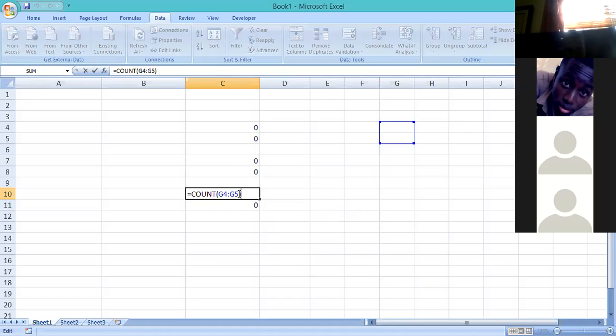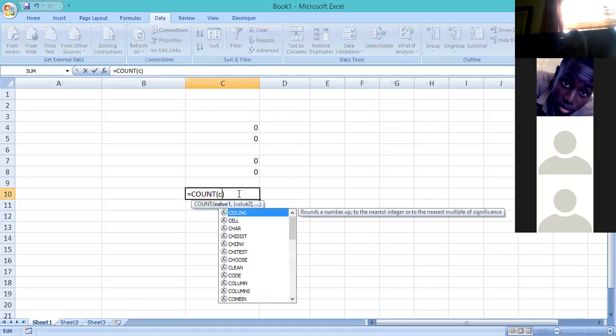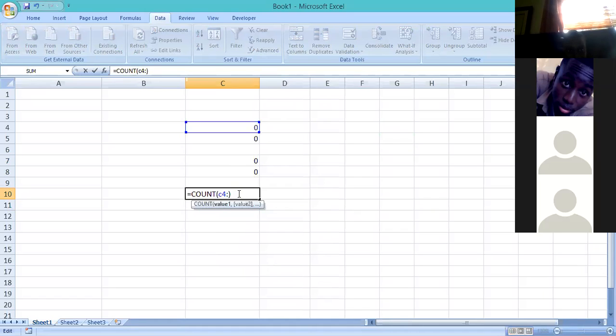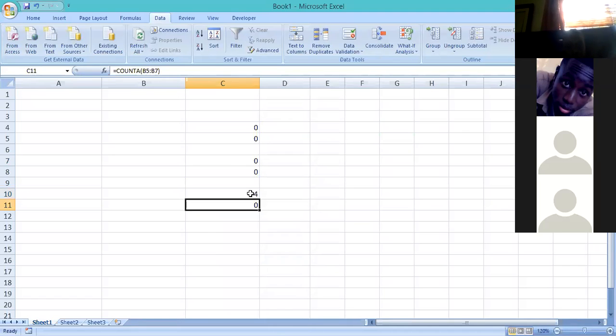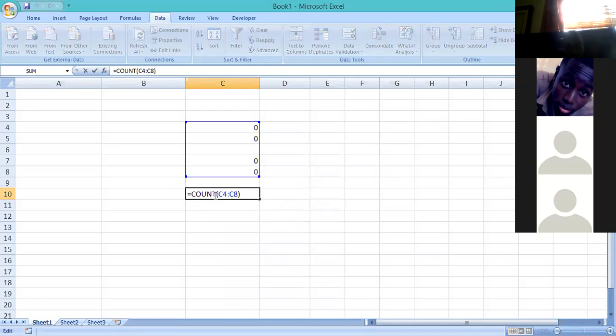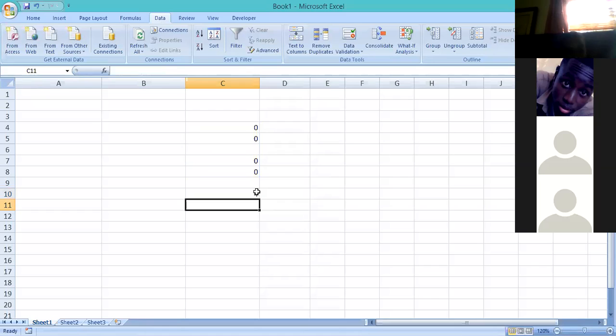Let me count these and put in an actual cell address. So that's C4 to C8. So it's numbers. So it tells me that there are 4 of them. See that? But if it was words, I couldn't use the word count. I would have to use count A. If I put the A right here, well, count A is used to count words and count is used to count numbers.